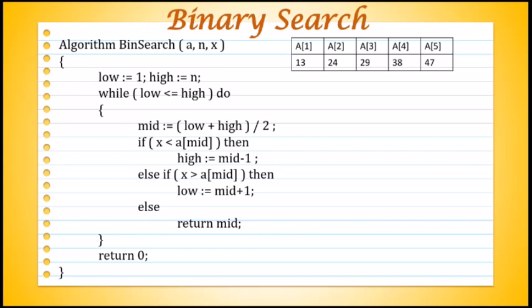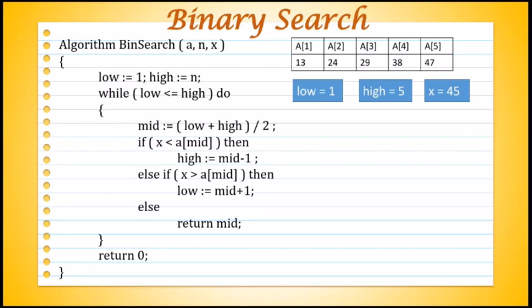So this is another array. So here there are 5 elements. That means the value of n will be 5, starting from 1 to 5. So low will be equal to 1 and high will be equal to 5. So suppose the searching element is 45. So first we will check the while condition.